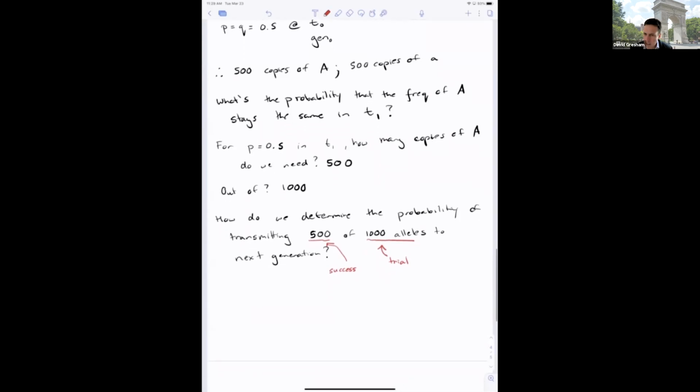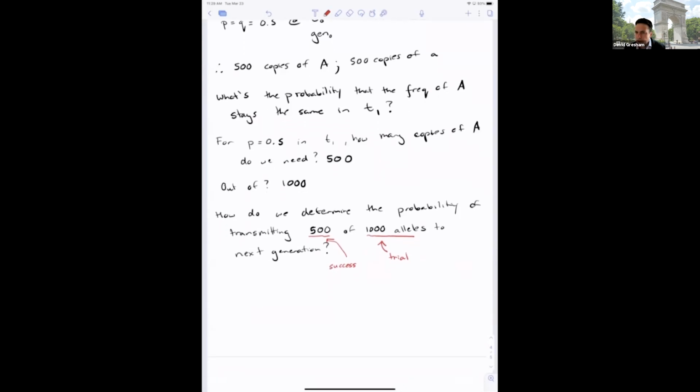So out of 1,000 trials, I have some probability of drawing a big A allele, and I want to ask, what's the probability that 500 of those alleles will be the big A allele?